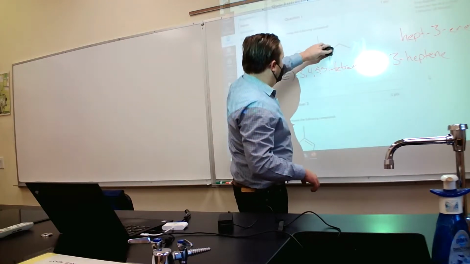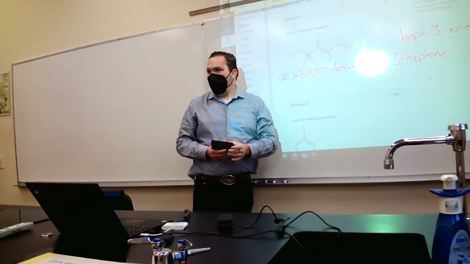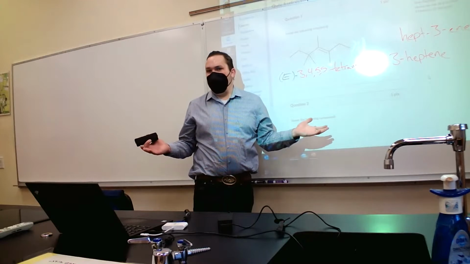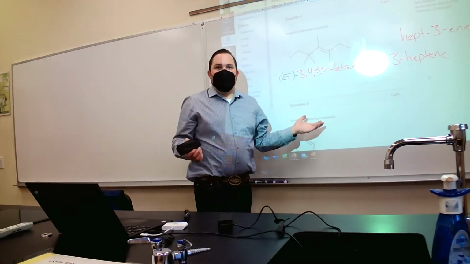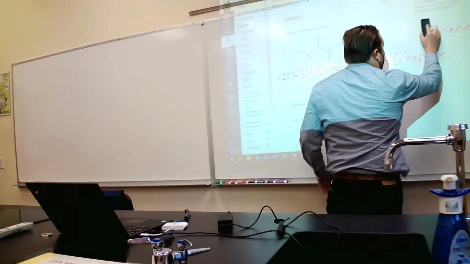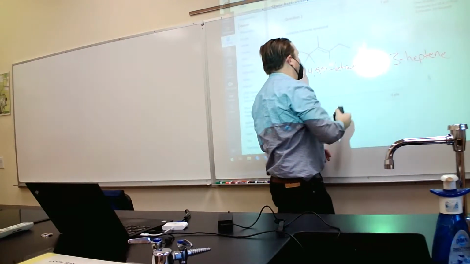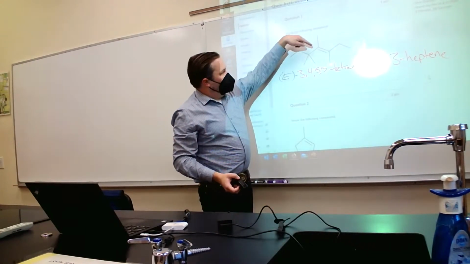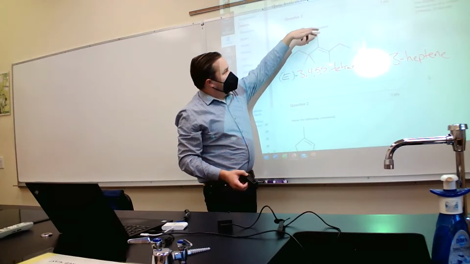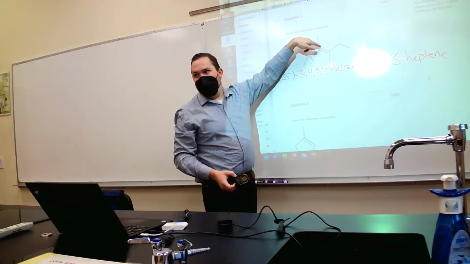If you can do R and S, E and Z is the same, but it's even easier because you don't even have to think in 3D, right? It's pretty straightforward. You just have to remember to check it. You're going to have to do E or Z anytime you have 2 distinct substituents on each of these carbons.